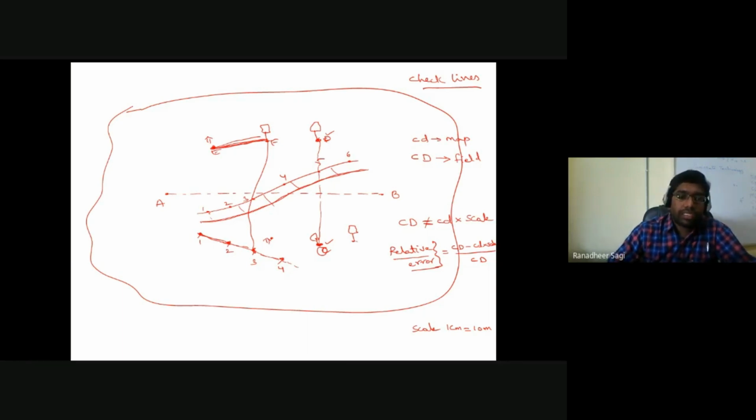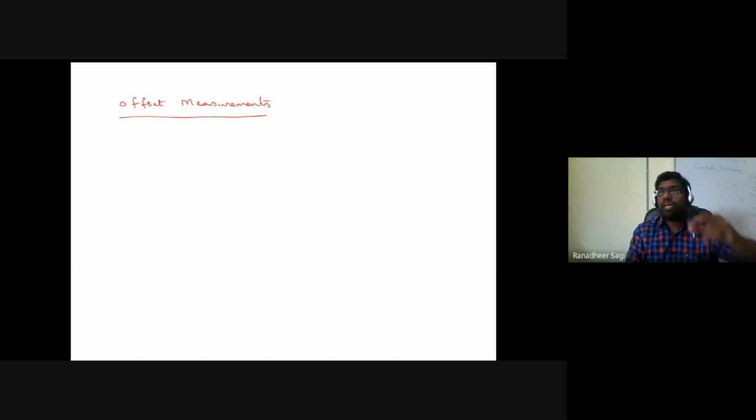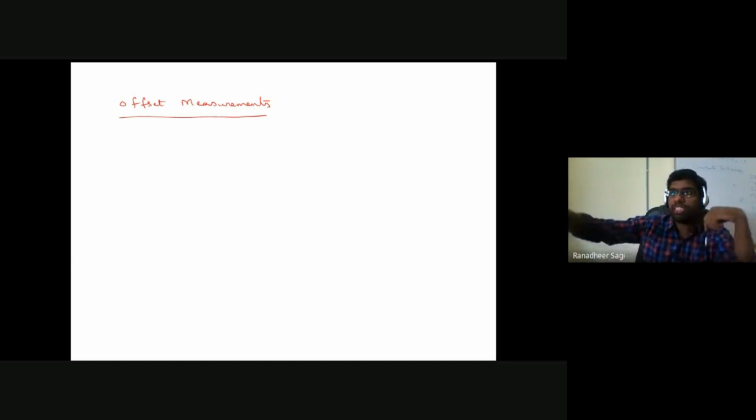Okay, so next, to understand how we take these offset measurements. We said from your tree or from your house, we measure at what offset distance that particular house or tree is from your main survey line.